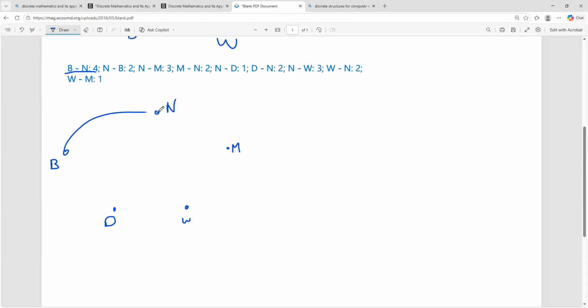So we're gonna draw 6. That's 1, 2, 3, 4, 5, 6. Do you see how that's the case? That's because you have 4 from Boston to New York and 2 from New York to Boston, so you have to add them together.